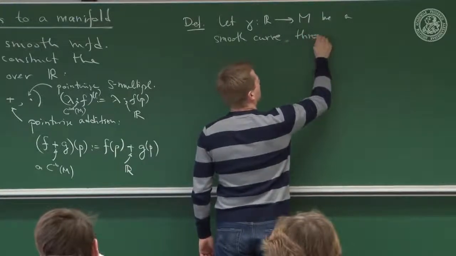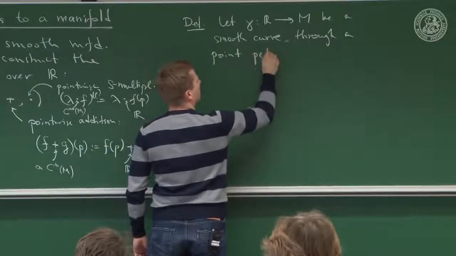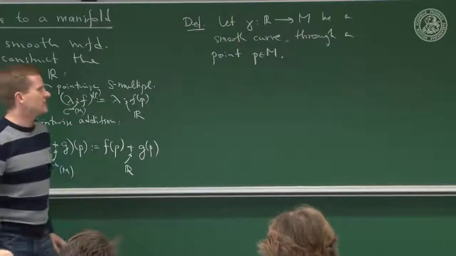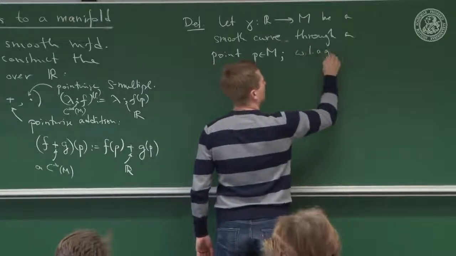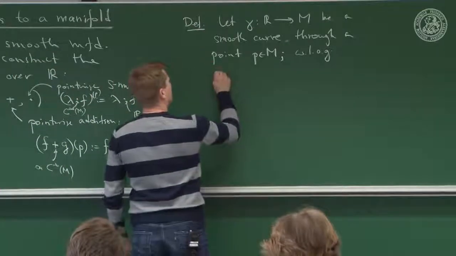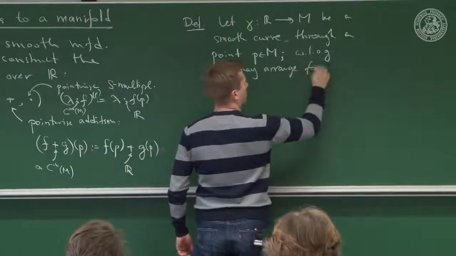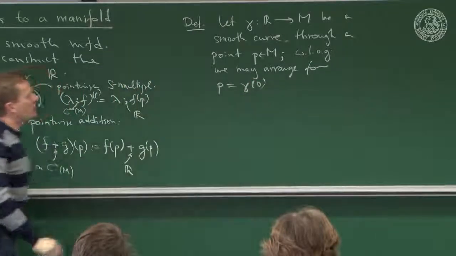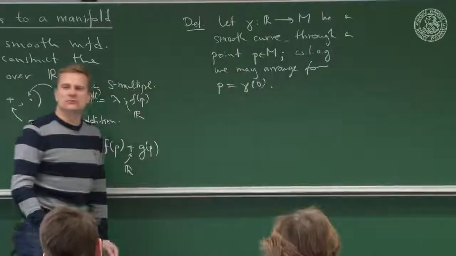through a point p in M. So in a sense, we pick a point and we look at the curve through it. Now, without loss of generality, we may arrange for p to be that point where the curve is at parameter value 0.